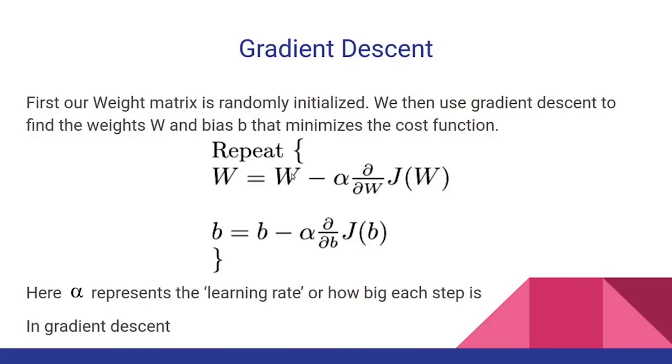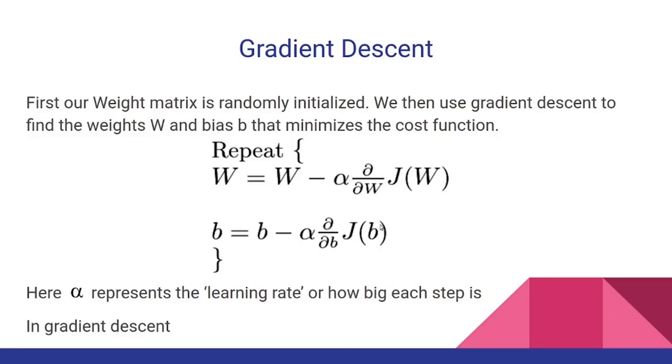W is equal to W minus the derivative of J with respect to W. It's actually the partial derivative because W is not the only parameter it depends on. But the main takeaway is that we are finding the change in W that changes the cost function the most. And the same for B.